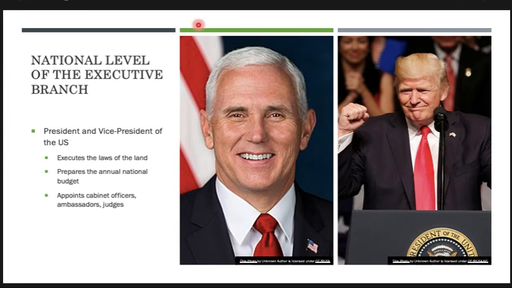Things like all the ways in which the president administers the federal bureaucracy, all the things that are done in order to carry out the laws of the land. The president is just one person, and the president needs help to do that. And so a variety of cabinet positions have been formed over the years, and we're going to take a look at some of those on the next slide.